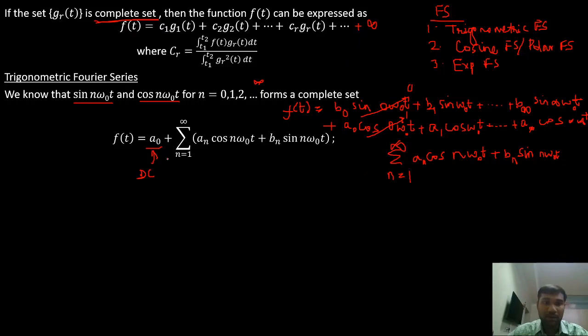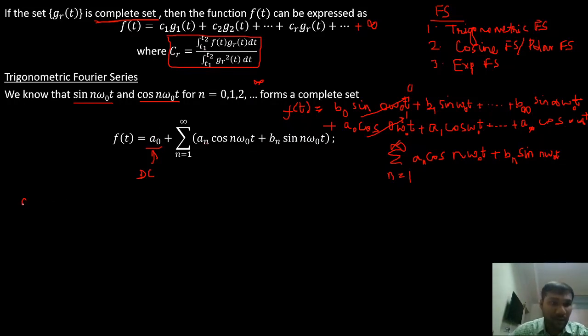That is what we have written here. f of t is equal to a naught plus summation n is equal to 1 to infinity an cos n omega naught t plus bn sin n omega naught t. Now we need to find out an expression for these coefficients. What is the general expression? Using this expression, we'll find general expressions for a naught, an, and bn.